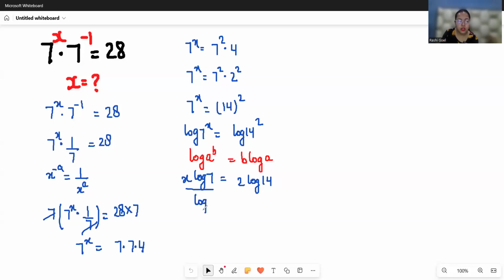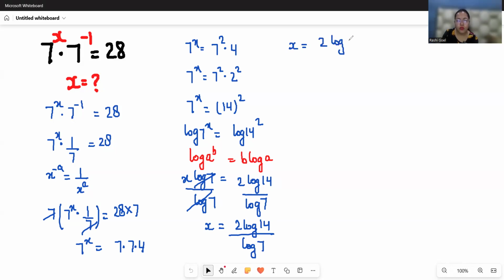Now if I divide both sides by log 7, so x equal 2 log 14 by log 7. So x equal 2 log 14, I can write it as 7 times 2, by log 7.